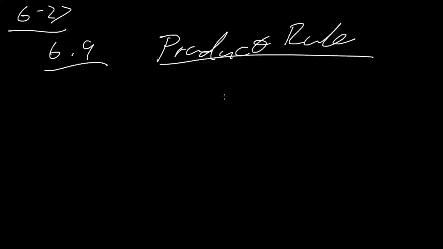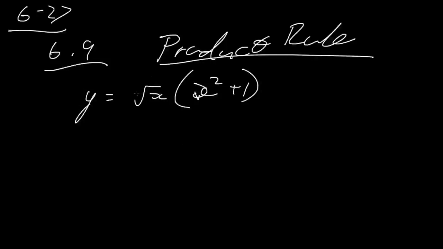Basically, the product rule says, what if I've got two functions, something like y equals root x times x squared plus 1, right? So let's call this one f of x, and we can call this one g of x.